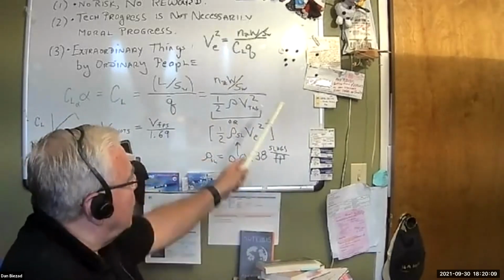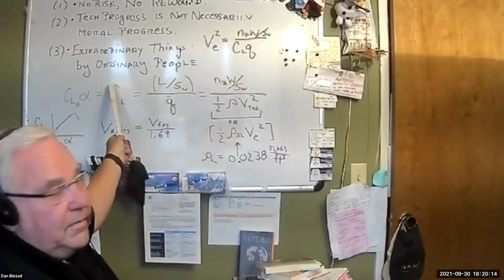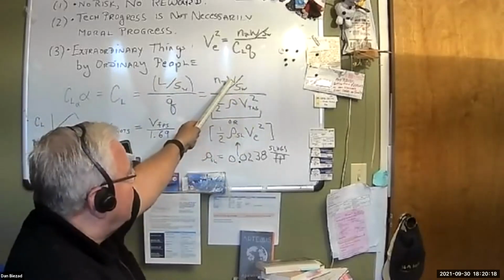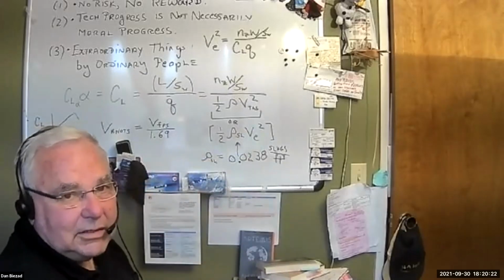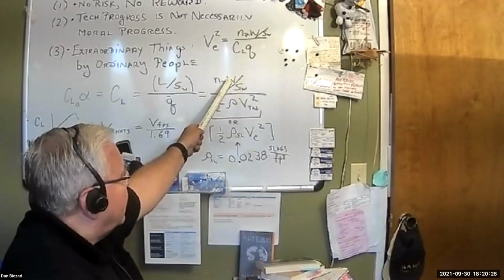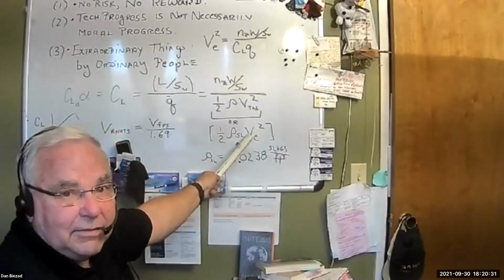Yeah. Thank you. So if W goes down from W max, and to keep this number the same, then the denominator's got to go down by the same. So if this goes down, VE's got to go down by the square root. If I cut the weight in half, right, then the velocity is not halved. It's the square root of a half.